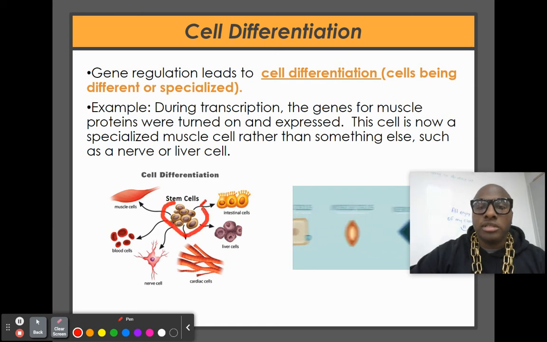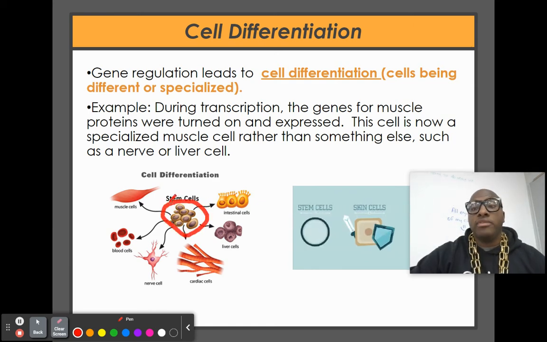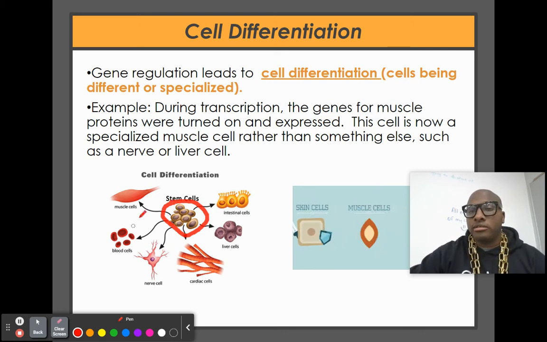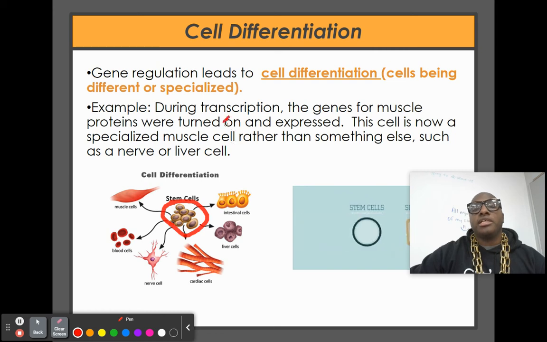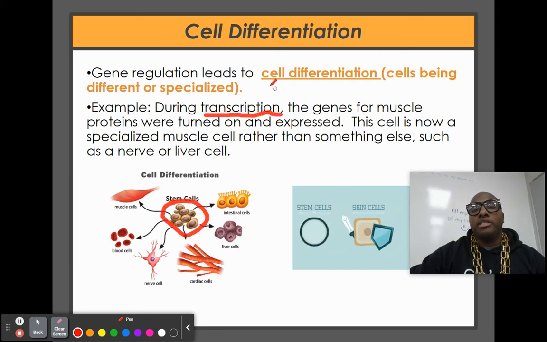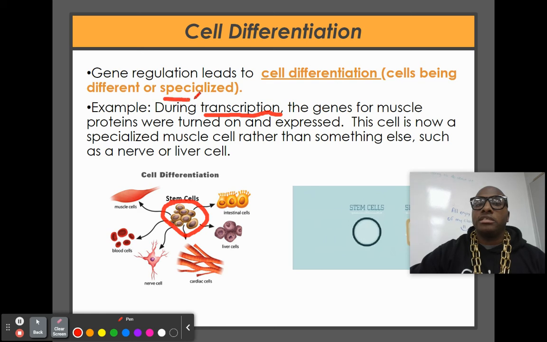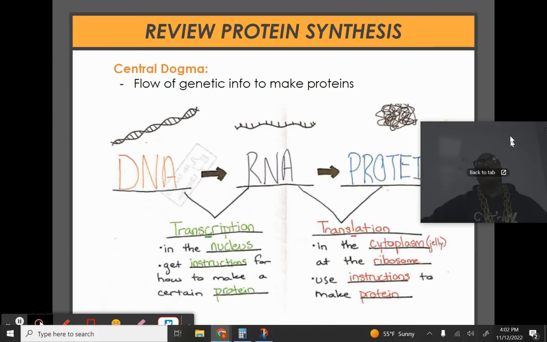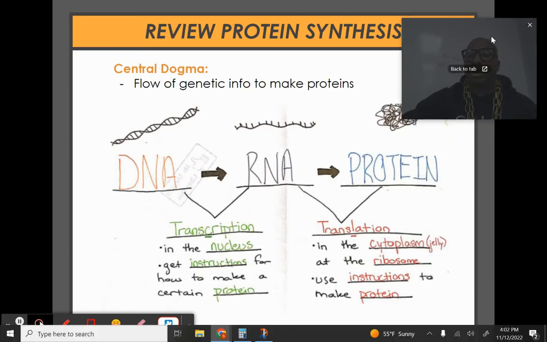So these stem cells have the ability to turn into many different types of cells. What you need to know is, again, this is going to happen in transcription. And when we talk about cell differentiation, we're just talking about cells being different, or what I like to say, cells being specialized, right?